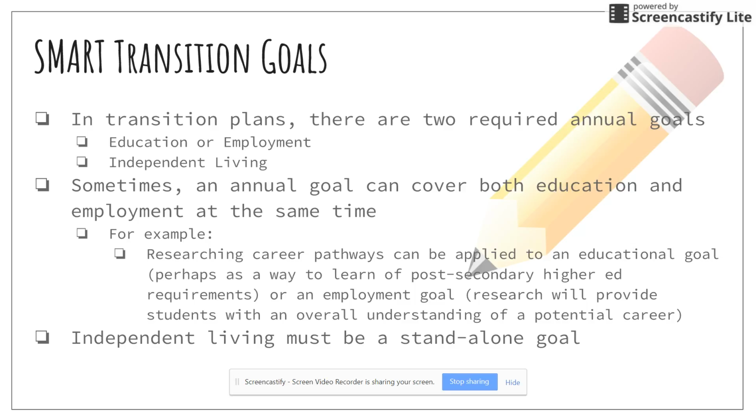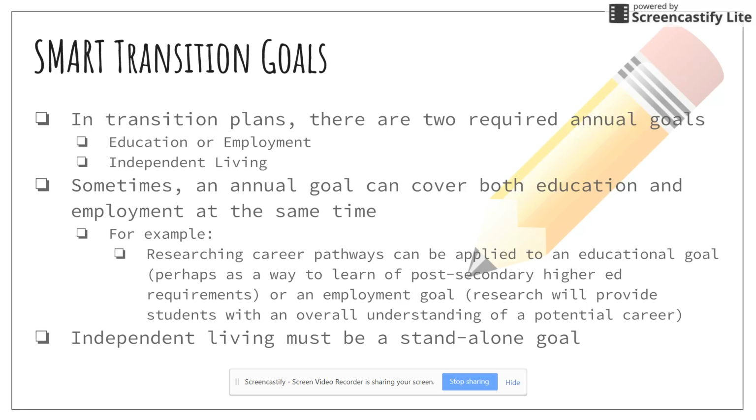An example of how this would be is researching career pathways can be applied to both the educational goal, because it is a way for the student to learn about post-secondary requirements in maybe community college, or that could be applied to an employment goal, because researching a career pathway will provide the student with a general overview of what a potential career might look like.